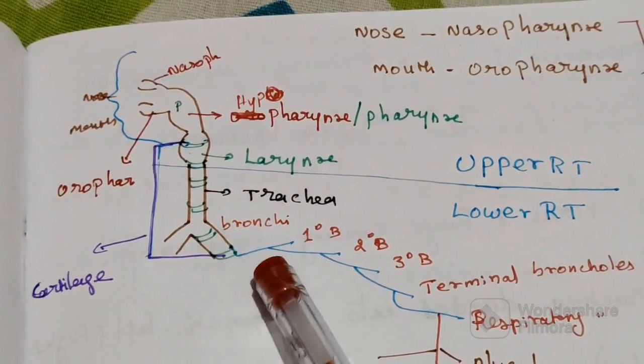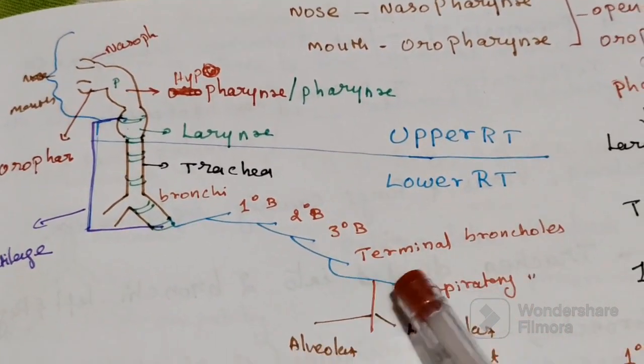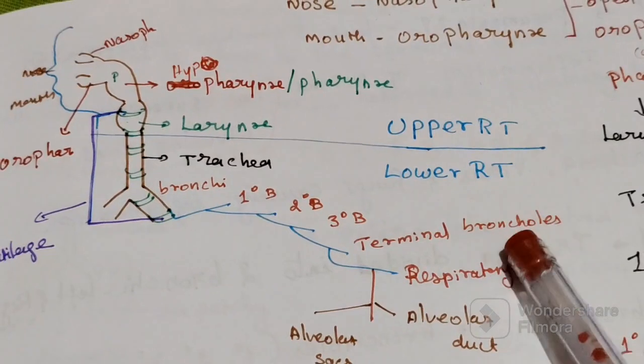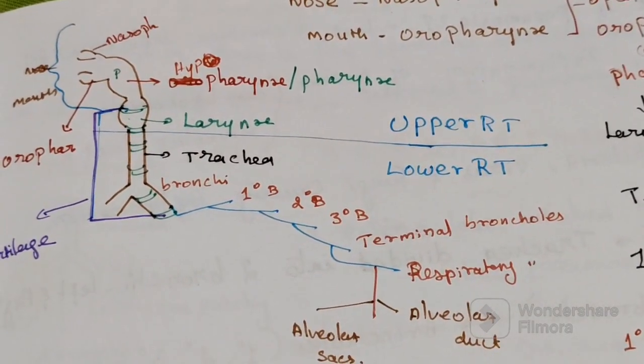These bronchi: primary bronchi, secondary bronchi, tertiary bronchi, then terminal bronchioles. Then the alveolar duct, then the alveolar sac.